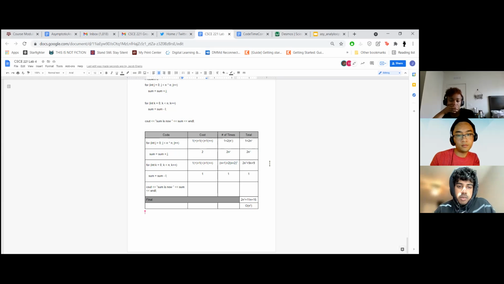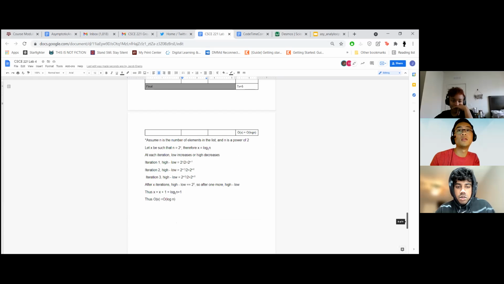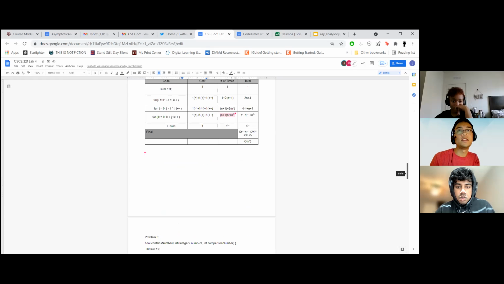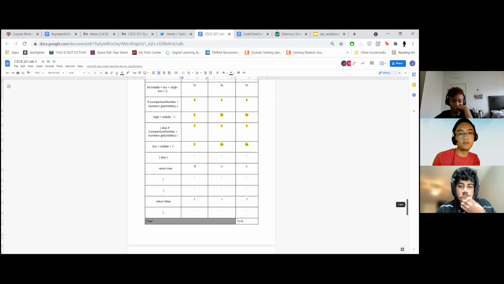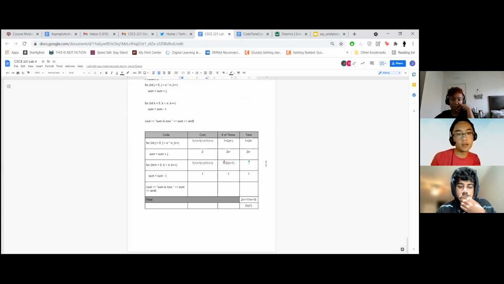Let me find the problem where we compared those two. I think it's problem 4, row 4. So I think it's this, right? Oh, but that was nested, that's the issue. Oh, my bad. Yeah, so this is by itself. The 2 loops are separate, which makes it nice.